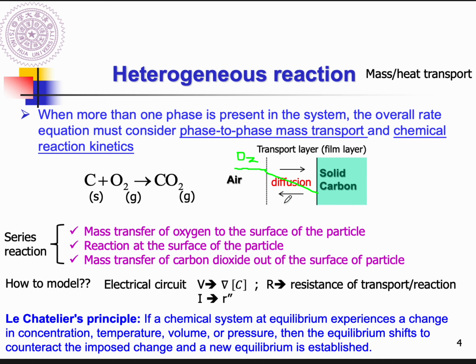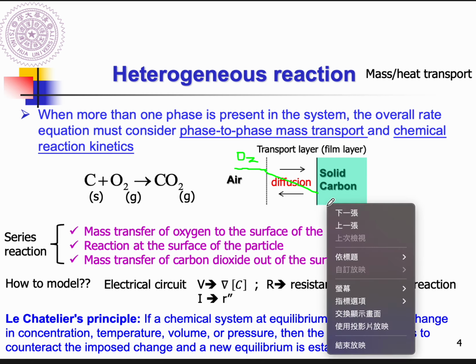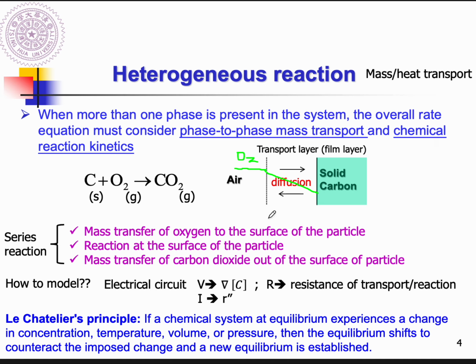Okay, so you have the transport layer and also the reaction. And as we mentioned before, you can use an electrical circuit to model this heterogeneous reaction. In an electrical circuit, we have a driving force. Here the driving force is the concentration gradient of the oxygen, or you can say the partial pressure gradient of the oxygen, because it's a gas.